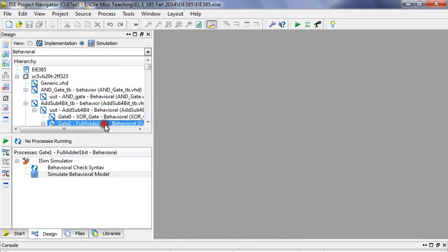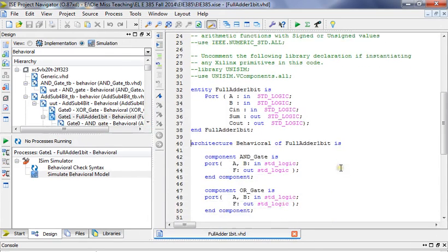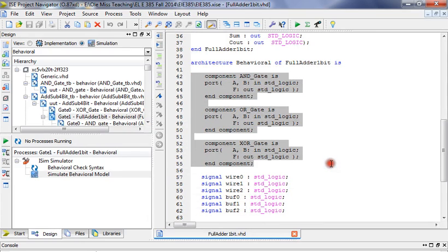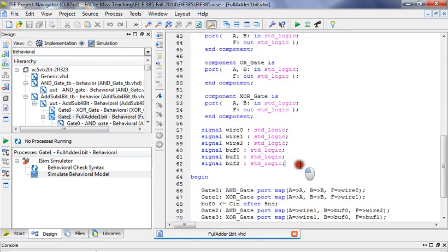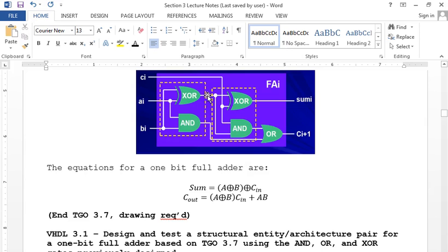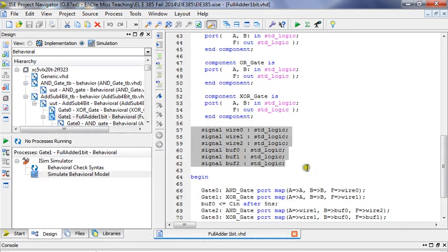I can complain. So you have the full bit adder, right? So you add the components AND, OR, and XOR, right? And so I have 3 wire signals, and those wire signals come from your 1, 2, 3 wires, right? And so I add 3 buffer signals as well, just like this.